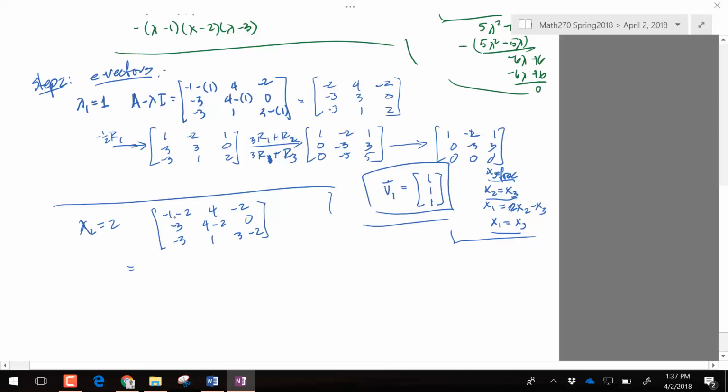So what's this turn out to be? -3, 4, -2, -3, 2, 0, -3, 1, 1.